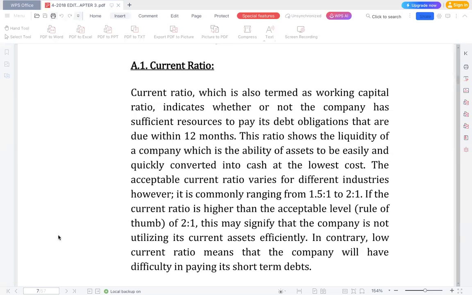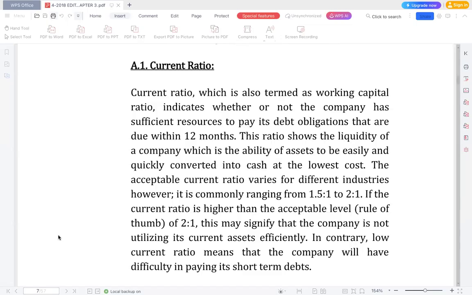Why? Because it shows that the firm is not utilizing the cash efficiently. Say for example, for every peso liability, you have 10 peso current asset.